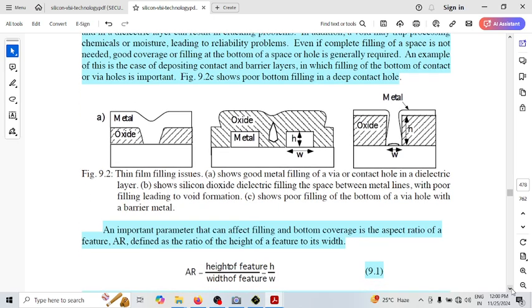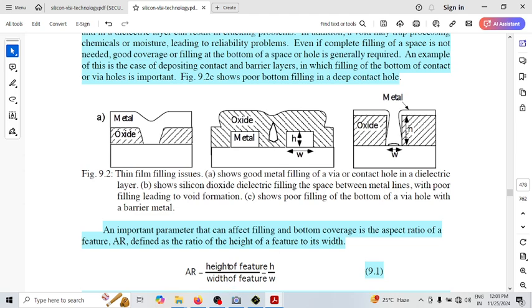An important parameter that can affect the filling and bottom coverage is the aspect ratio. This is nothing but the height of the feature divided by the width of the feature.